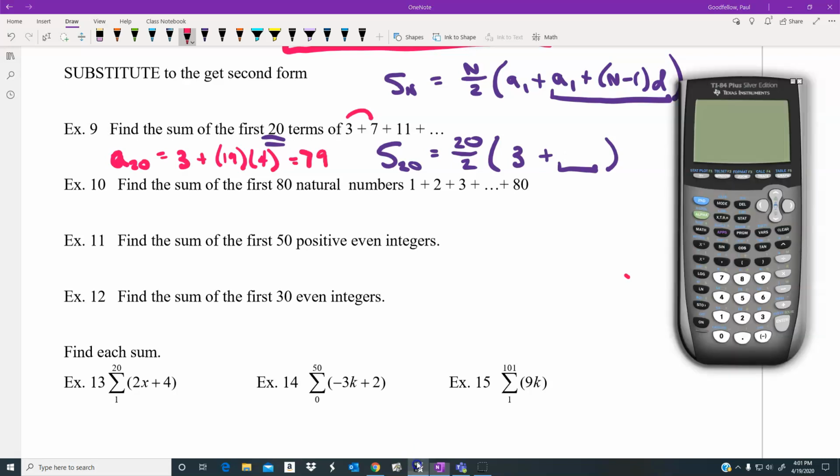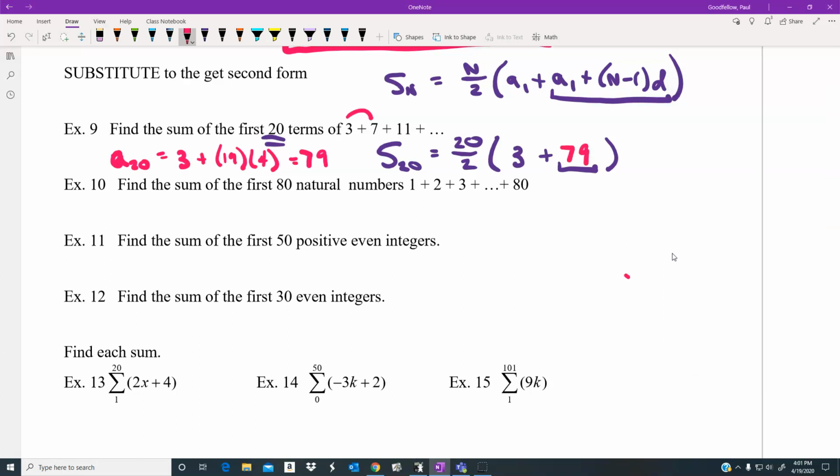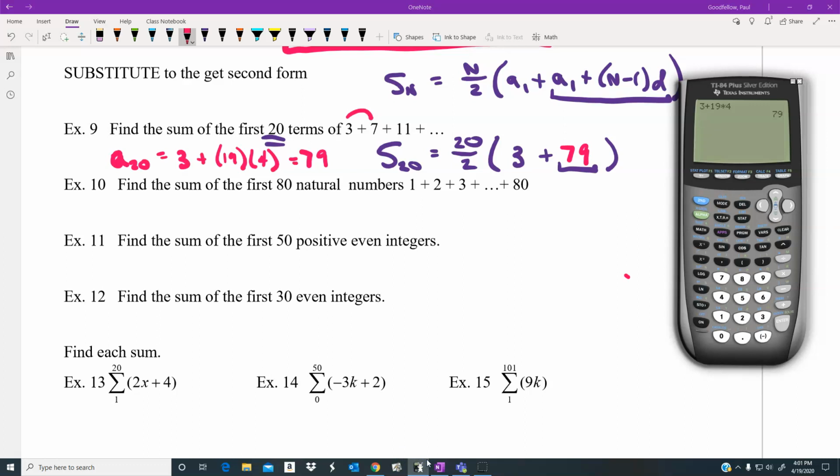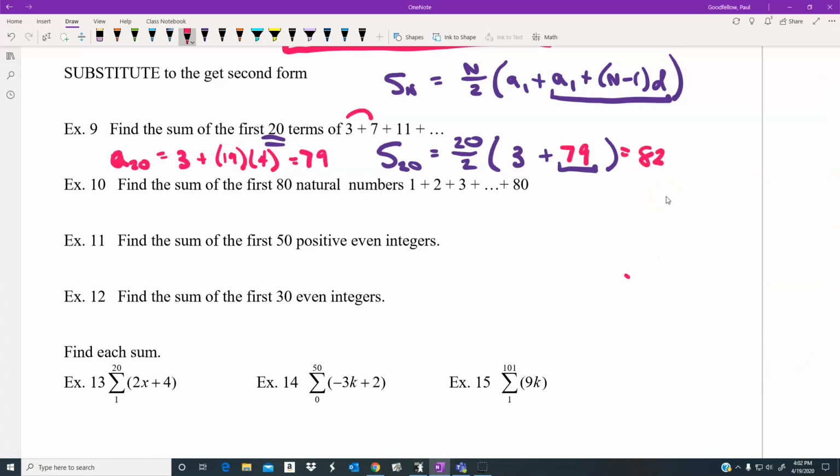Let me check. Make sure I did my math right. Okay, it never hurts to check your math. Gauss always checked his. So 3 plus 19 times 4 would be the number 79. Now 79 goes in this particular location, and then it would be 79 plus 3, because that's how the pairing would be from beginning to end, and then I would multiply that number times 10, and I would get an answer of 820.